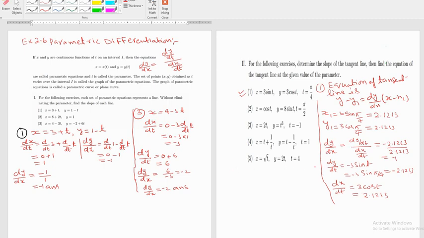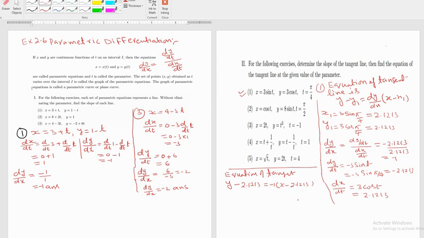So therefore the equation of the tangent line is y minus y1, that means y minus 2.1213, is equal to the slope, minus 1, times x minus x1, that means x minus 2.1213.